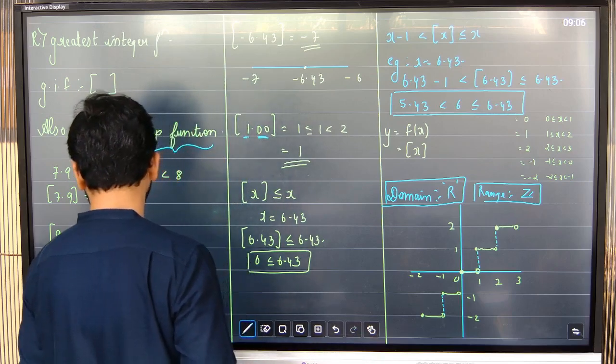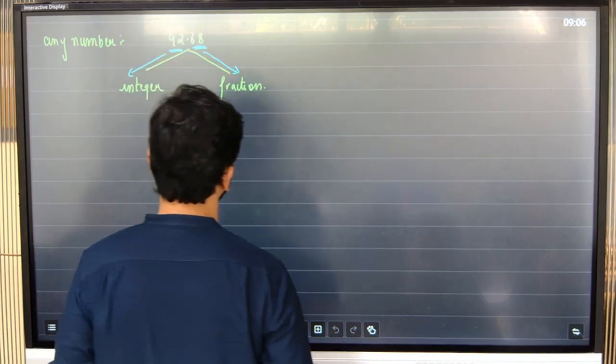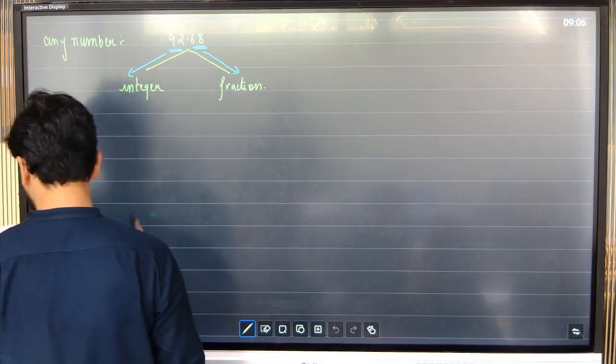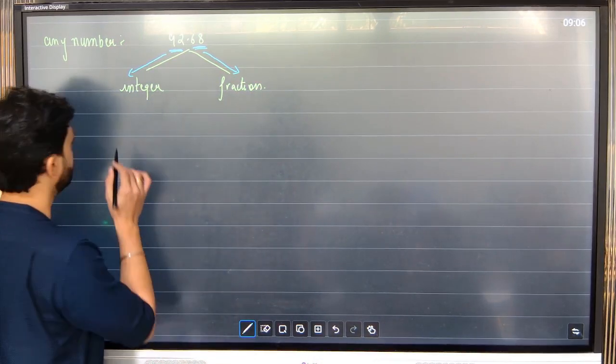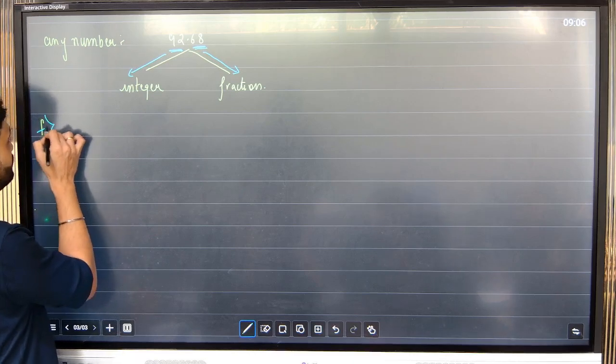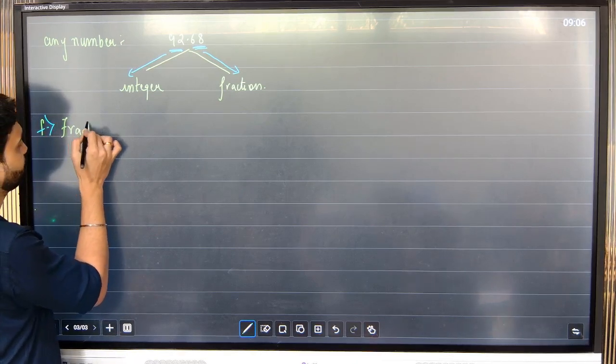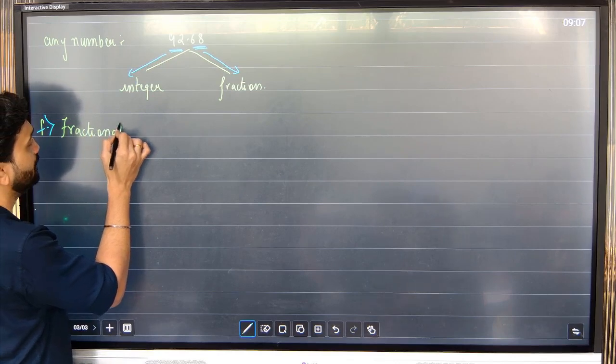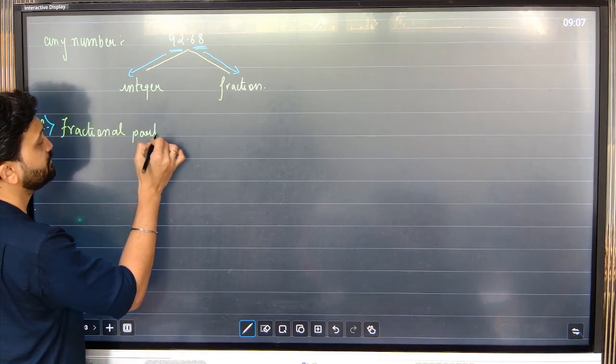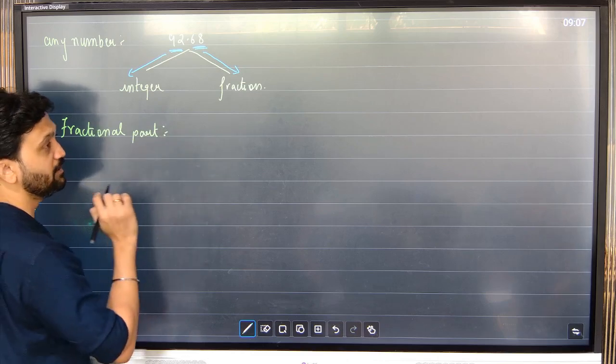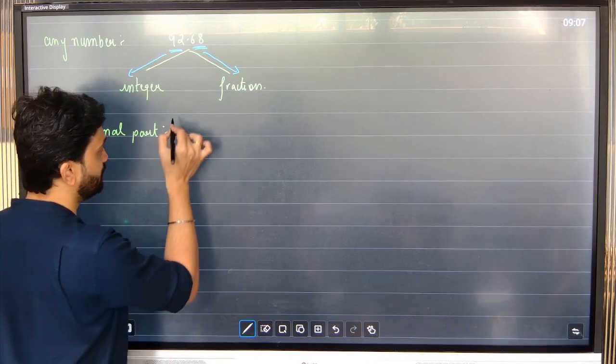Now, when we shift our focus to the fractional part. The greatest integer function is denoted by a square bracket.